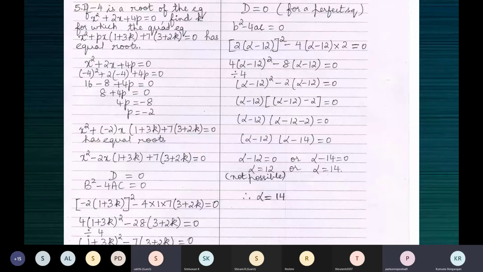Conversely, if the quadratic equation has real and equal roots, that means the value of D is 0. It is true both the ways. If the value of D is 0, then the equation has equal roots. If it is given that the equation has equal roots, then the value of D is 0.